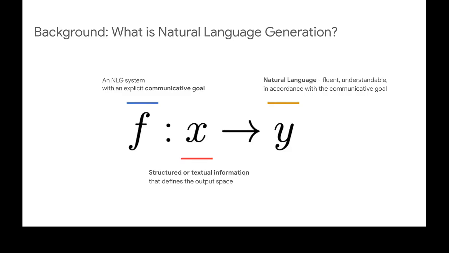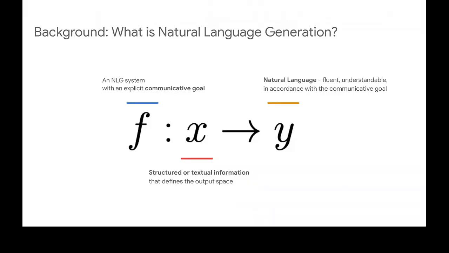That natural language needs to be fluent, understandable, and in accordance with a particular communicative goal, so that an NLG system has this communicative goal and needs to complete some NLG task. An NLG task is defined by having such a goal.